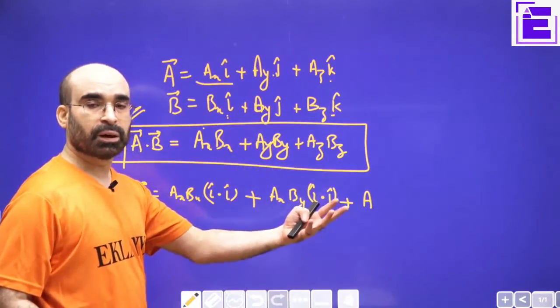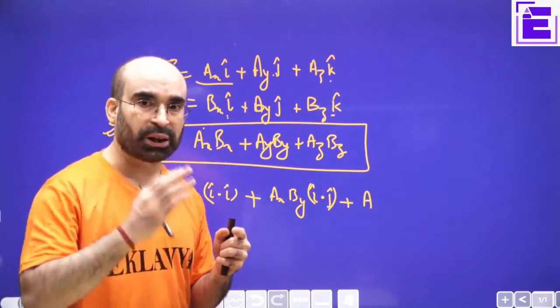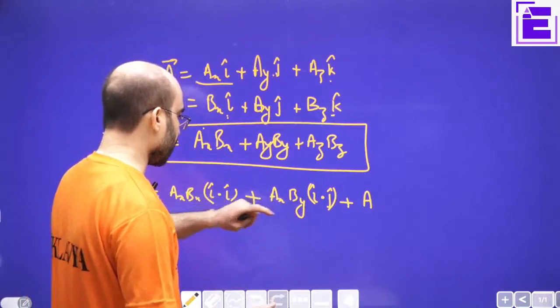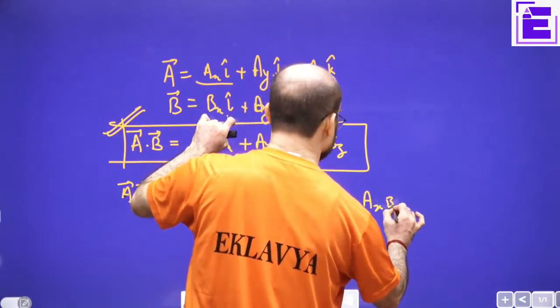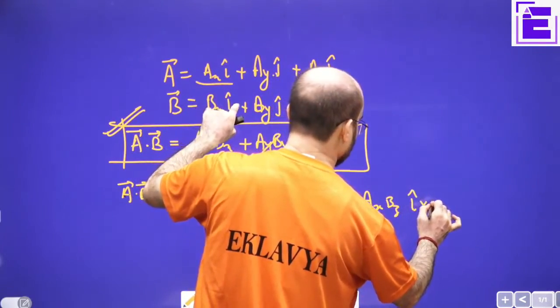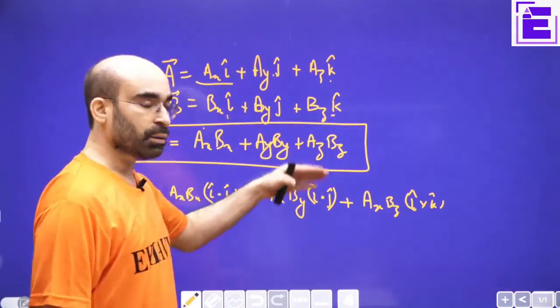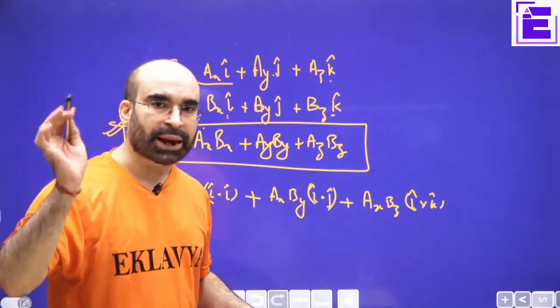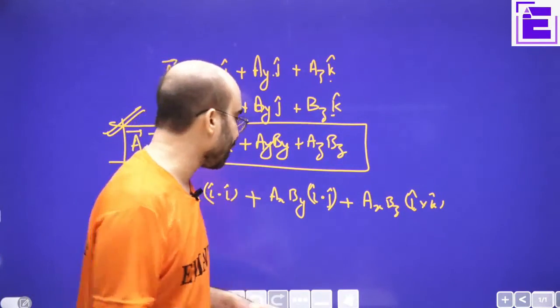I dot J is 0. Why? 1 into cos 90 degree. We have understood this. Okay, similarly, AX BZ I dot K, again this is going to be 0. So similarly, you would have 9 terms, and out of those 9 terms, 6 terms will have this sort of stuff.